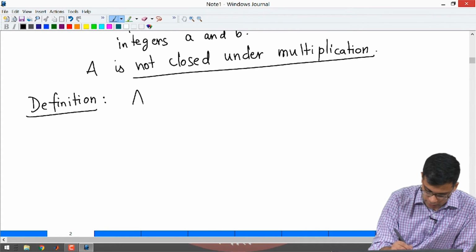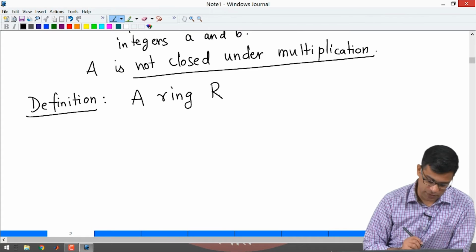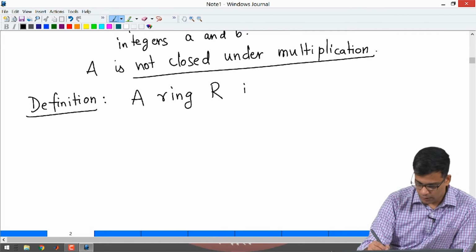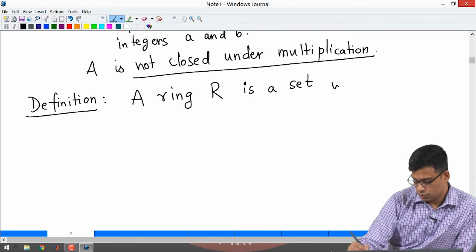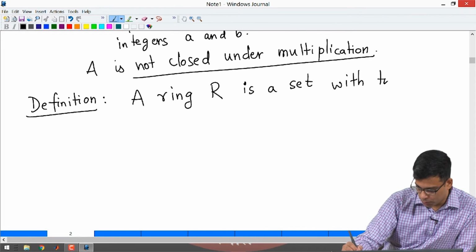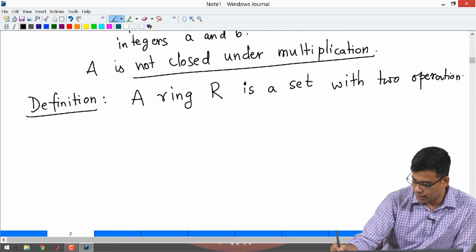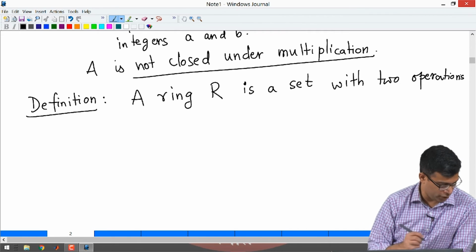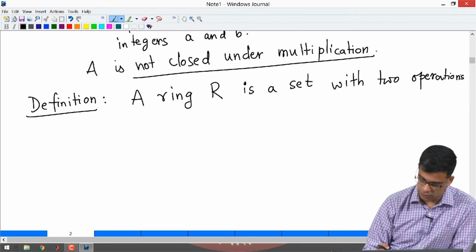So, a ring, we denote rings by symbols R. A ring R is a set with two operations. I will write the full definition here. I have already indicated to you what the properties should be through these examples, so you will see that they will appear here.